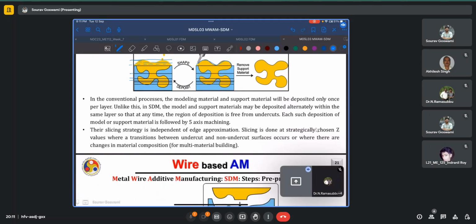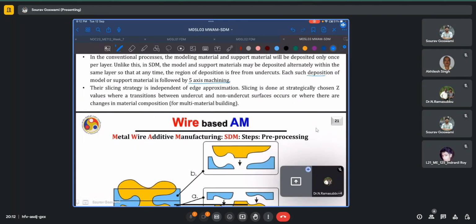Another significant difference is that in certain regions, you will observe that it's not just the support material which is actually supporting the build material. Sometimes the build material is deposited before in a segment. The support material is deposited afterwards, taking help of the build material to support the overhanging regions. And then the next segment is built. So a very unique sort of process, and each deposition is followed by 5-axis machining.